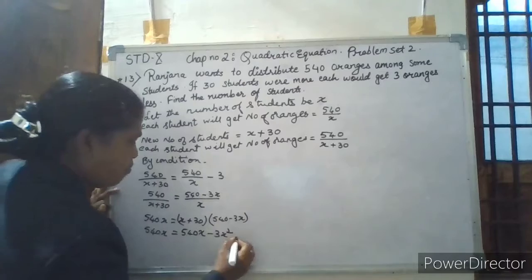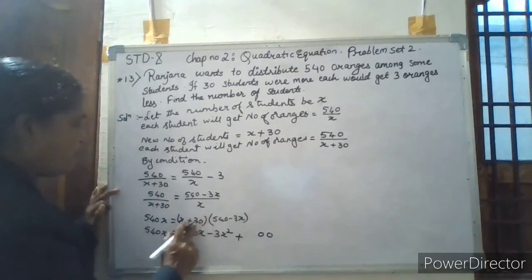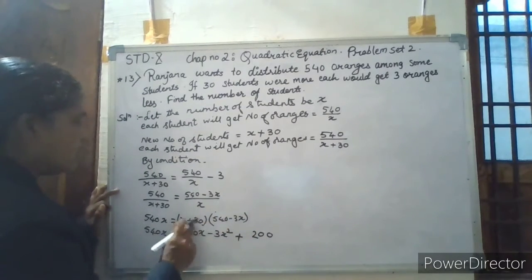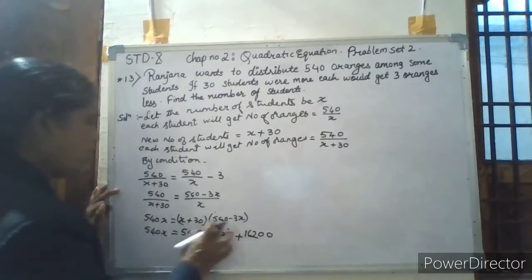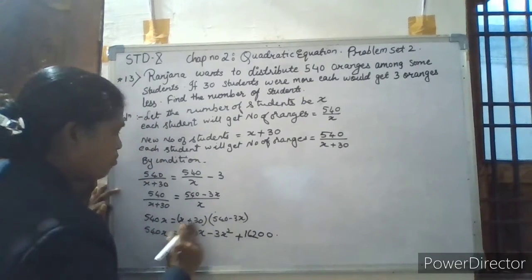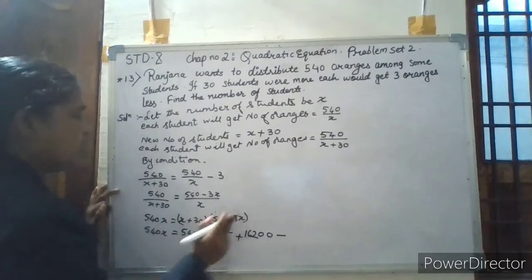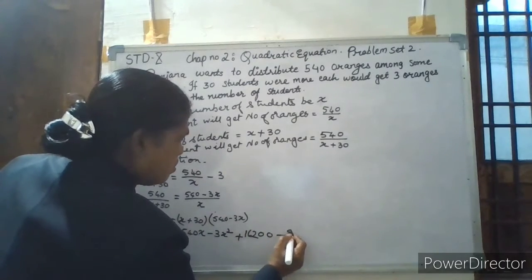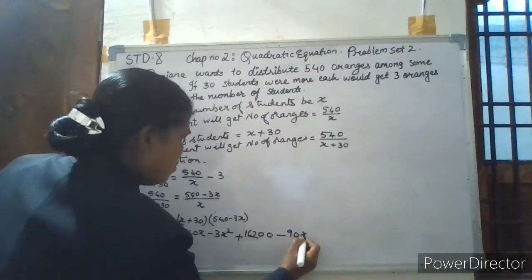Plus into plus is plus, plus into minus is minus. Now 30 into 3x is 90x.